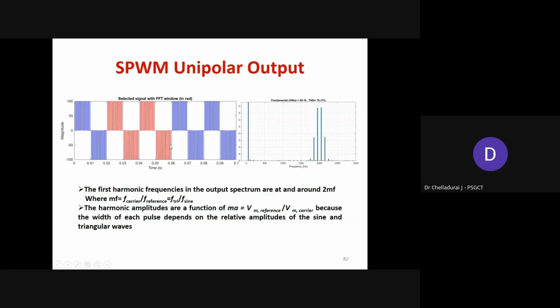By using 1 kilohertz switching frequency, the average switching frequency of the output voltage here is 2 kilohertz. Because of this, most of the harmonics are shifted towards 2 kilohertz. If the harmonic content is shifted towards higher order harmonics, it can be easily eliminated with the help of small size filters.